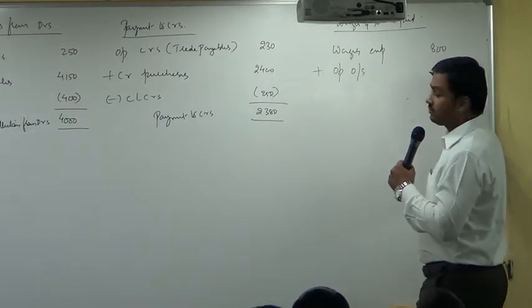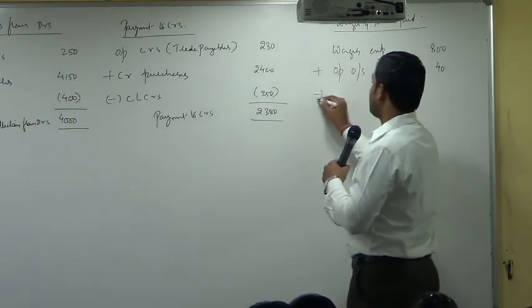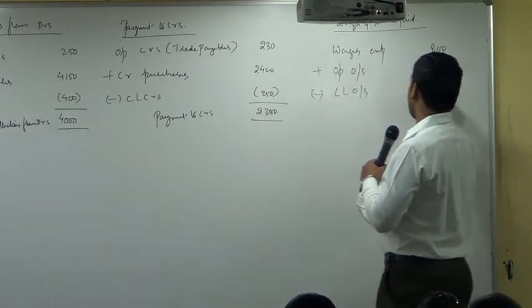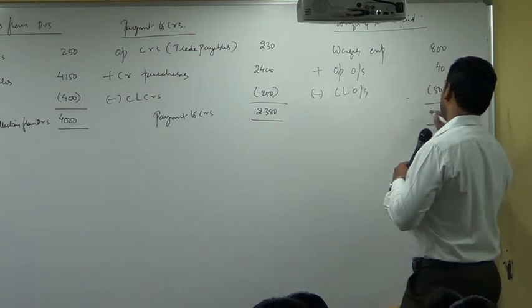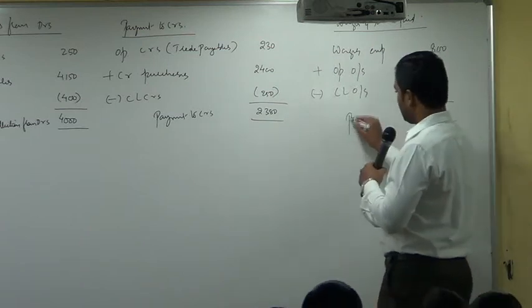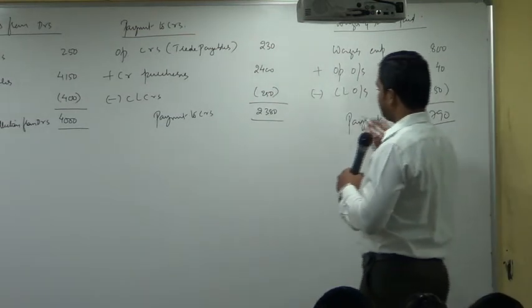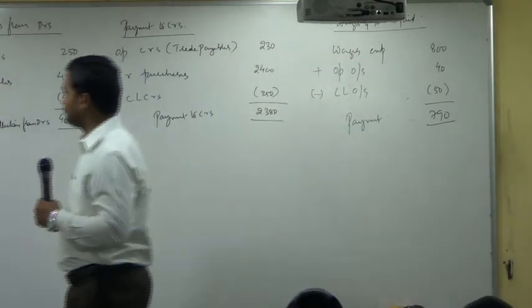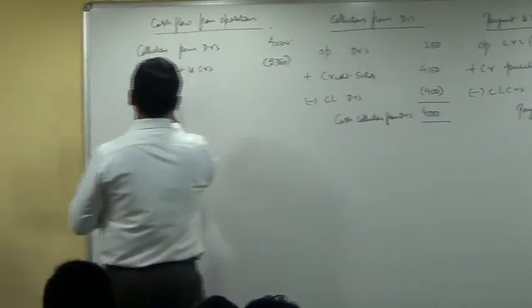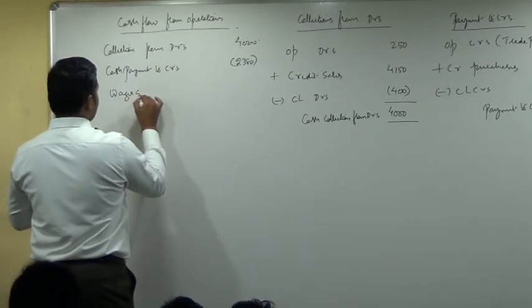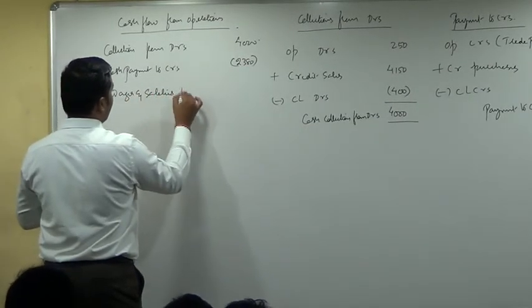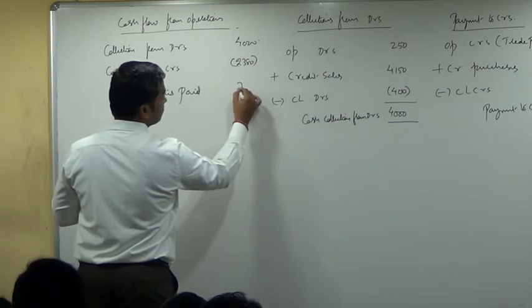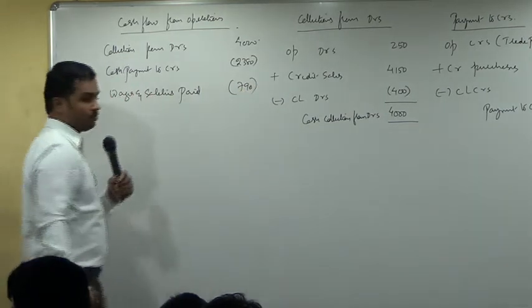Opening outstanding 40 less closing outstanding 50. Payment 790. Wages and salaries paid. Outflow.